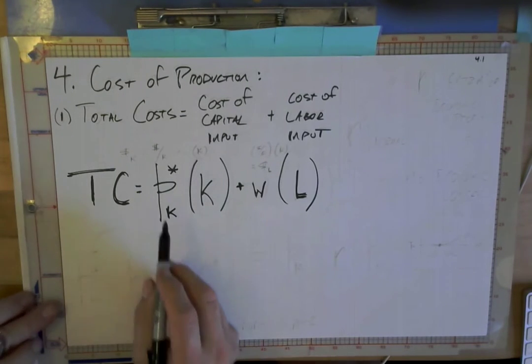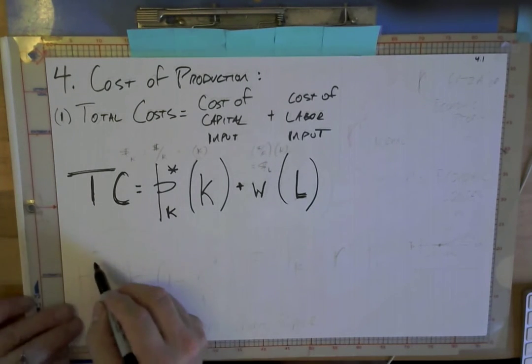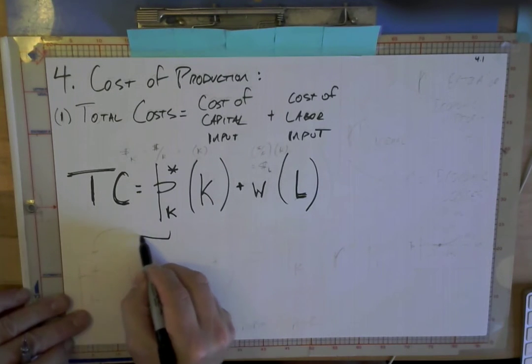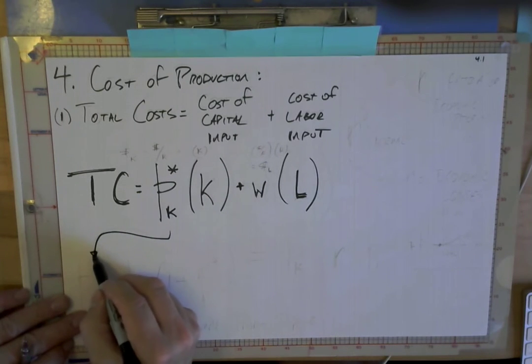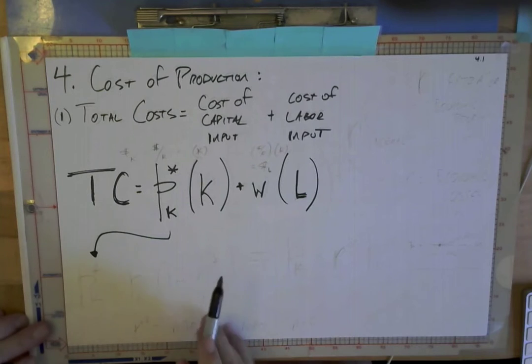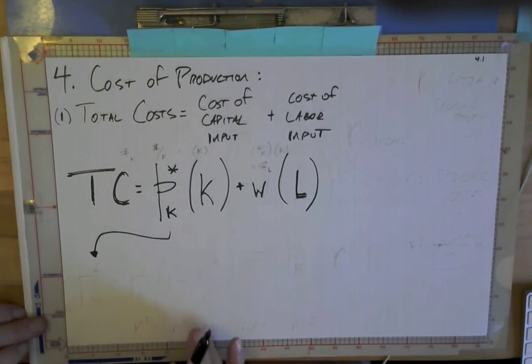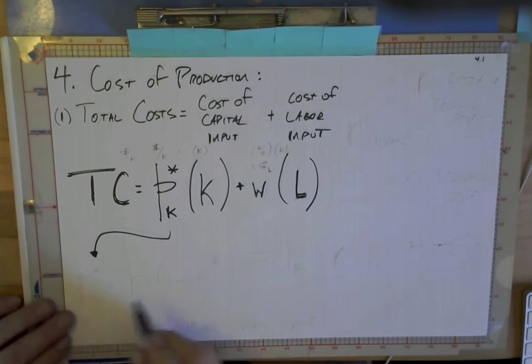Now, let me introduce this PK star. There's a star attached on this thing because what this represents is a remunerative price. It's going to represent a normal rate of remuneration to the factor capital, the so-called normal rate of profit.